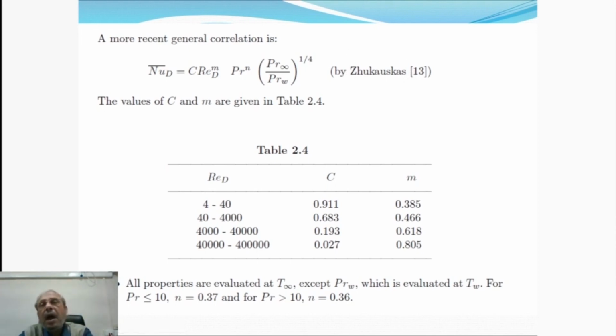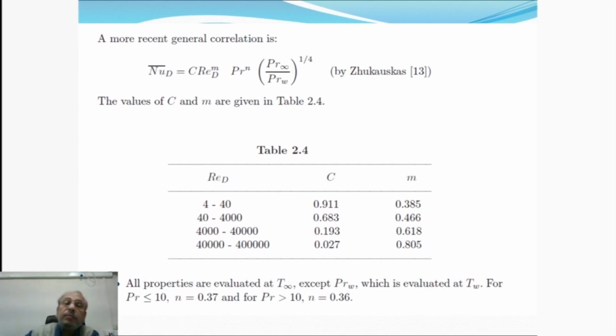He did a large number of experiments for a wide range of Reynolds numbers and a wide range of fluids, and he gave this correlation: average Nusselt number based on cylinder diameter equals C, Reynolds number based on cylinder diameter to the power m, Prandtl number to the power n, Prandtl infinity divided by Prandtl W to the power 1/4. Sorry for wrongly calling it duct diameter; it is cylinder diameter.